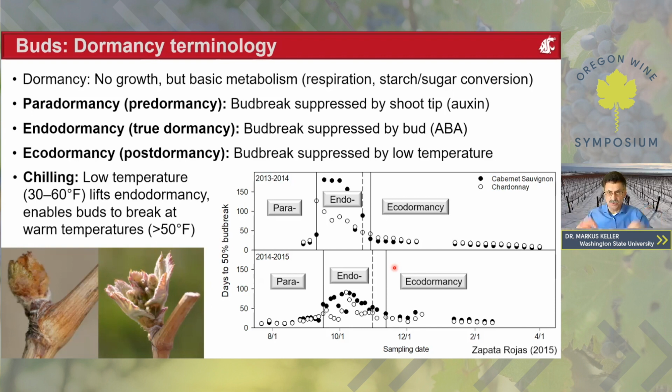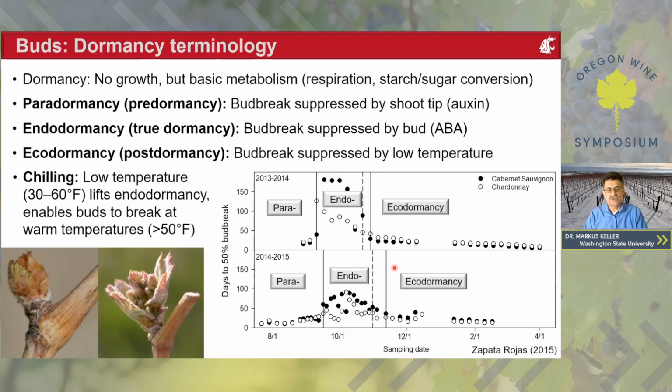But the basic metabolism inside the plant has to continue. The tissue has to stay alive. So there is respiration, there is conversion of starch into sugar and back. We will look at this in a little bit more detail later. But just remember that during dormancy, there is no growth, but there is still some metabolism going on.